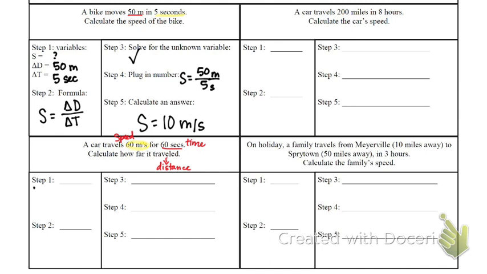So speed is 60 meters per second. Delta D, don't know. Delta T was 60?